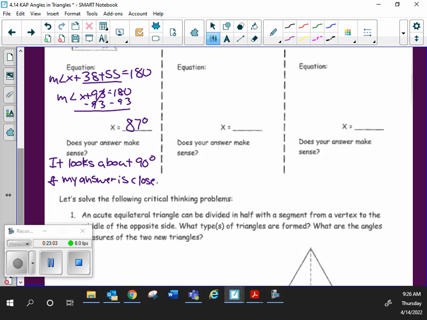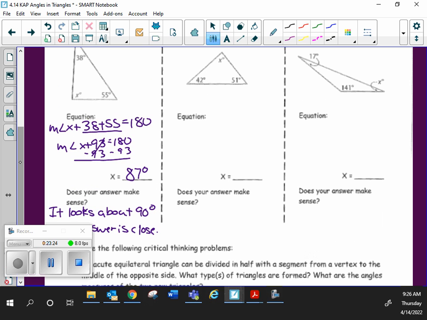If you remember our problem solving strategies, checking the reasonableness of our answer is a big thing that students don't do, because they're like, I must finish. When you get your test back and you miss a question, half the time you're like, what was I thinking? It's that reasonableness check. Okay, go ahead and do the other two. Pause and play when you're ready.